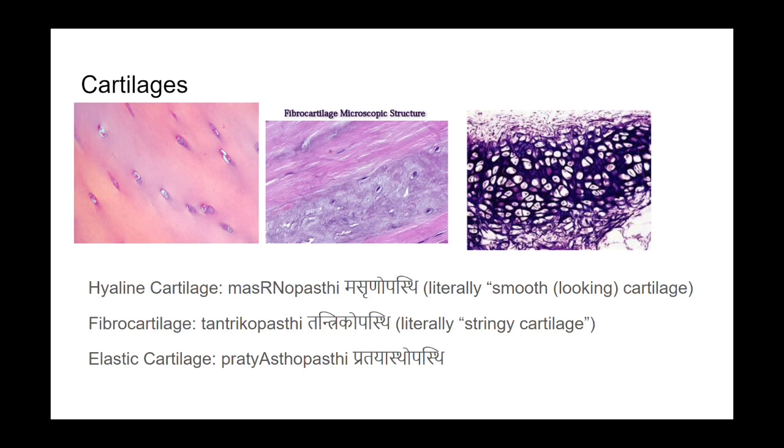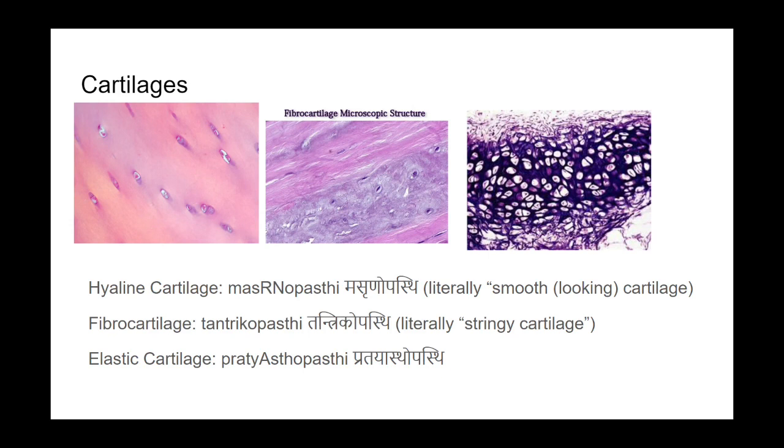Cartilages, again, which is upasti. So hyaline cartilage I named as masternopasti because if you look on the slide on the very left, it's a smooth cartilage, and masterna in Sanskrit means smooth. Fibrocartilage is literally collagen fibers or stringy cartilage. Tantrikopasti. Elastic cartilage is pratyasthaposti.